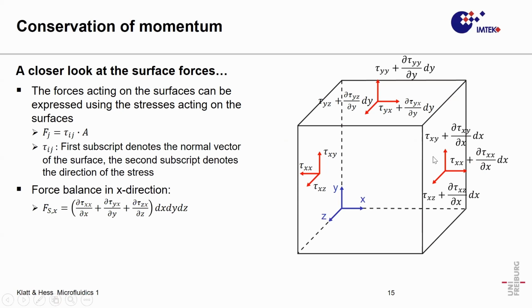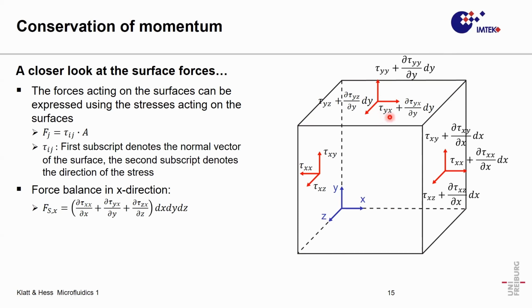And then you do the next two surfaces, which is this one and this one here. So you always consider opposite surfaces. And here you can see that you need to consider this part, which will just be tau yx in this direction on the bottom surface.